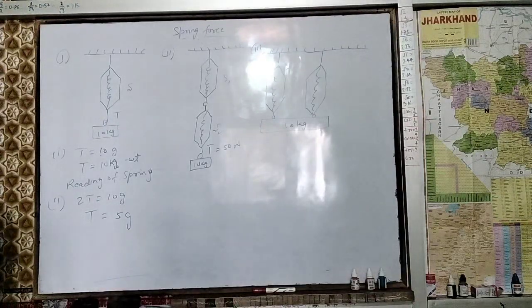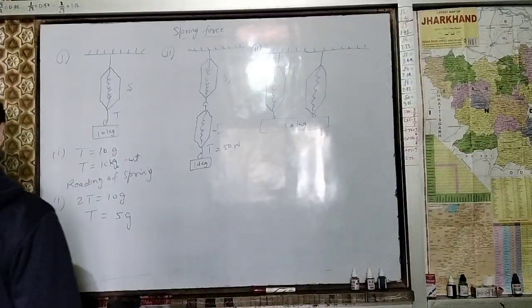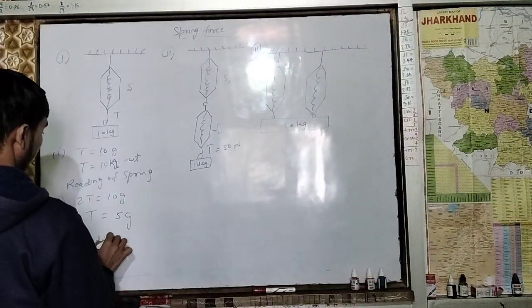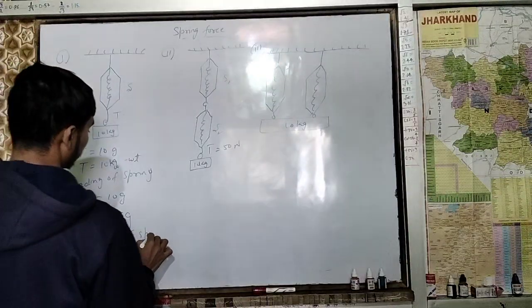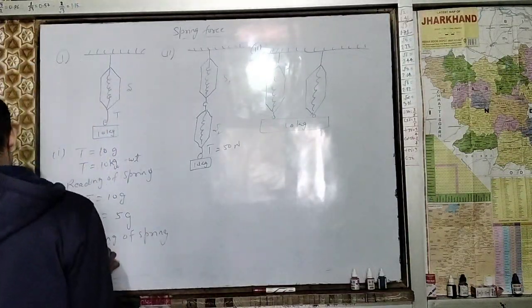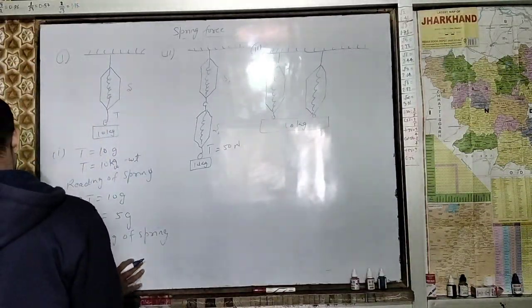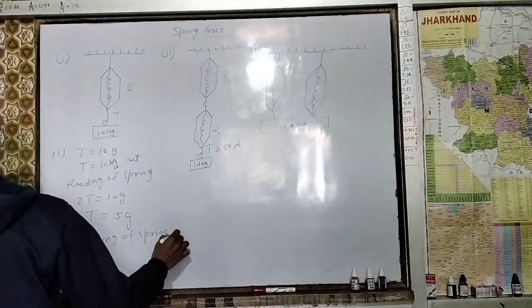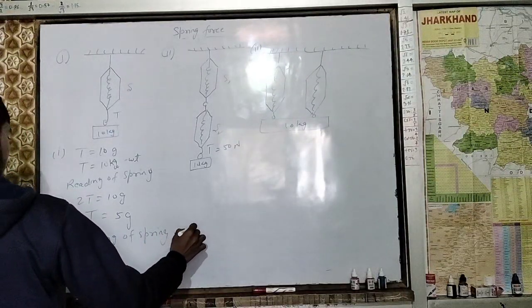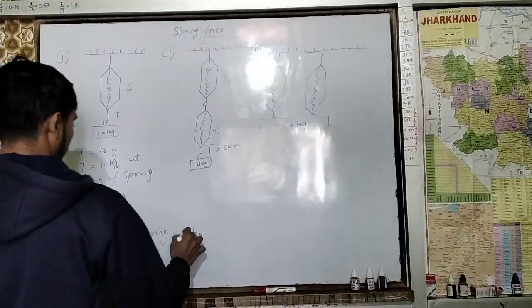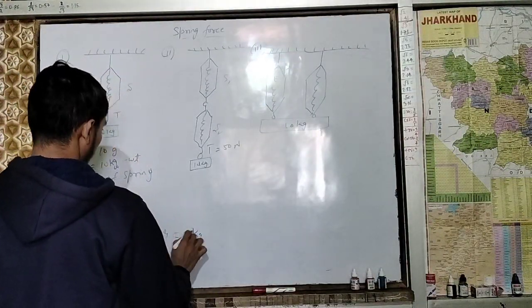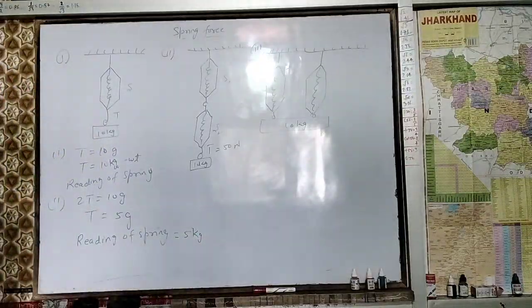Just convert g into kg Wt. So the reading of the spring will be 5 kg Wt. Clear?